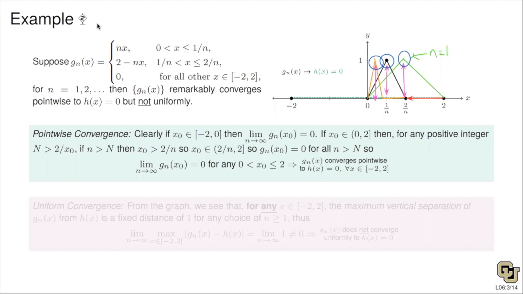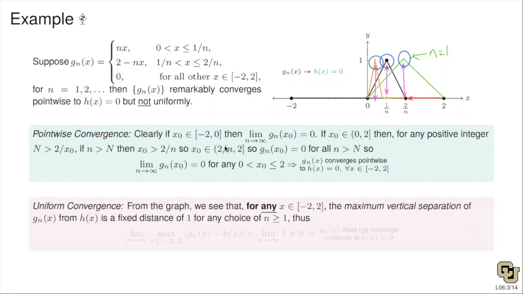And the convergence is not uniform because, you can see from the picture, there's always going to be a point that's a fixed distance 1 away from the target.